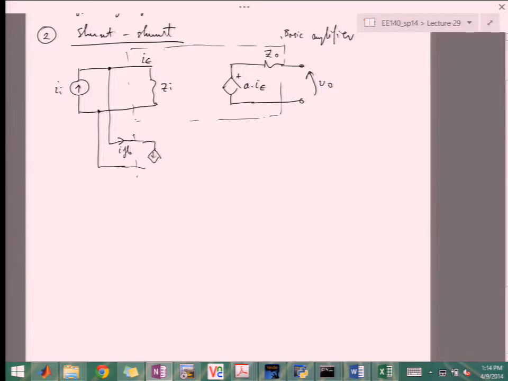That's a voltage-controlled current source, F times V out, and V out comes from being sampled. So this piece over here is our feedback network.